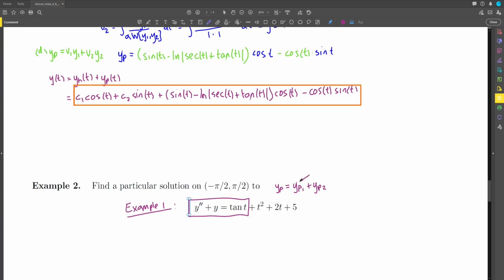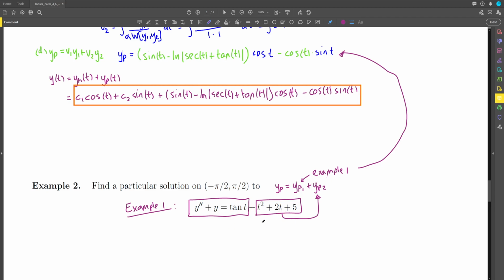And for yp1, we just have to look at example 1. We already have the answer there. And so for yp2, we have to look at this part of the differential equation, and that is something that can be solved by using the method of undetermined coefficients.